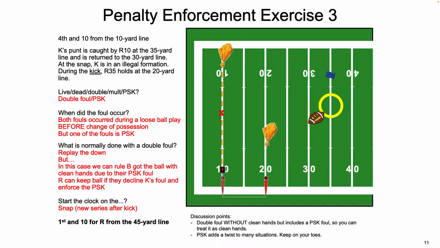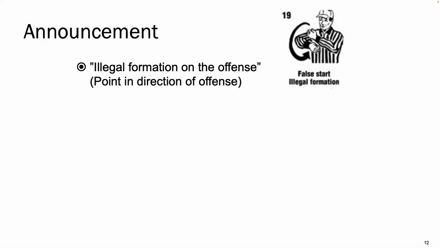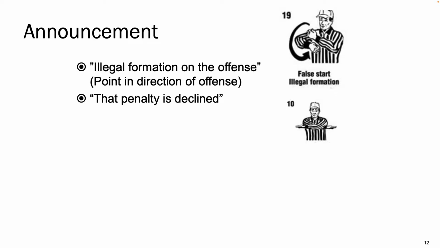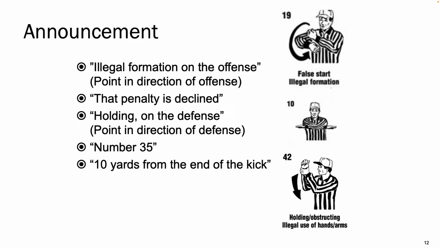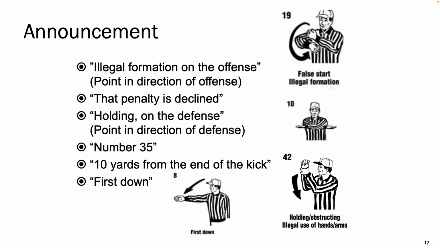So PSKs add a twist to a lot of things. Just recognize them and know you've got one, and then think about how it applies. Keep on your toes. So how would we announce this? First, illegal formation on the offense. That penalty is declined. Holding on the defense, number 35, 10 yards from the end of the kick. First down.